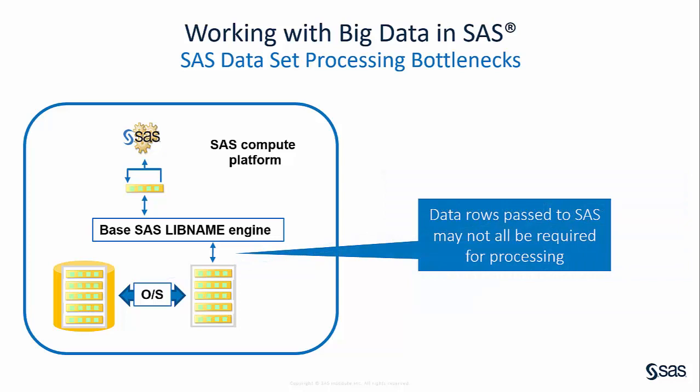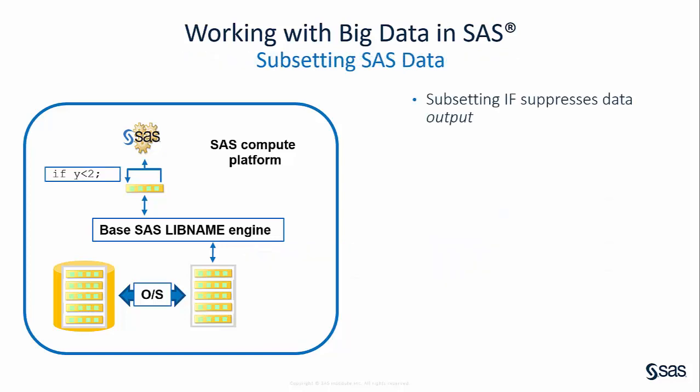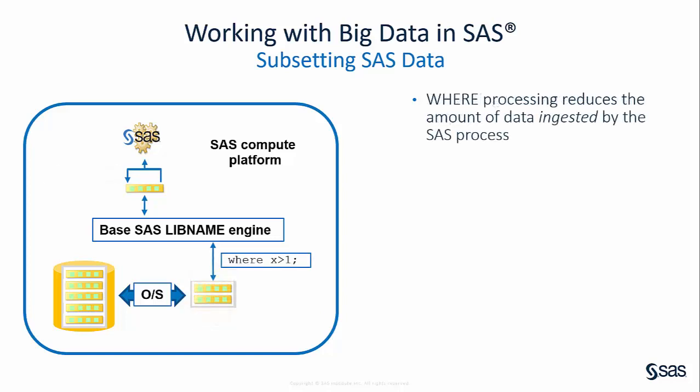The areas of usual concern for us are that all the data rows from the original data set are not required for our processing generally. Now, there's two ways of controlling what data gets output in SAS. One is to suppress the outputting of data with a subsetting IF statement, for example.